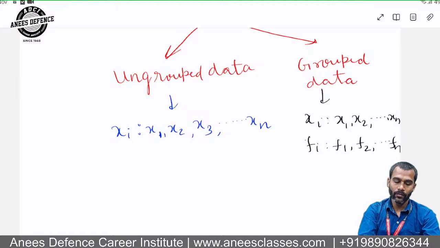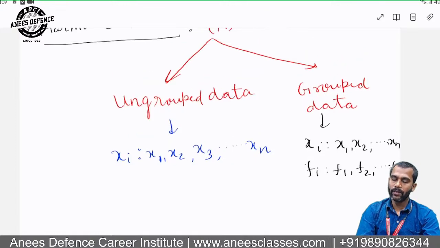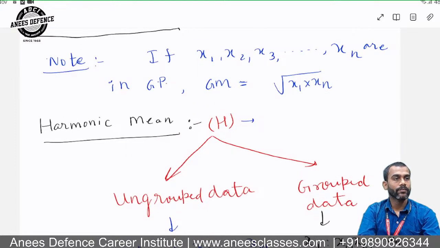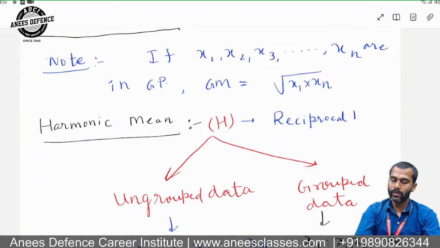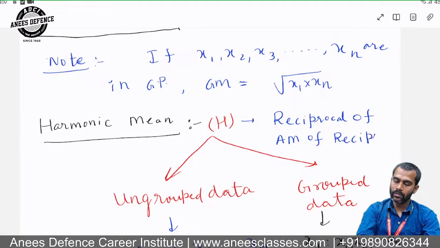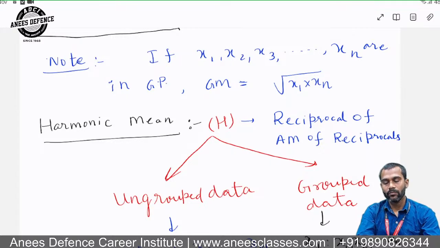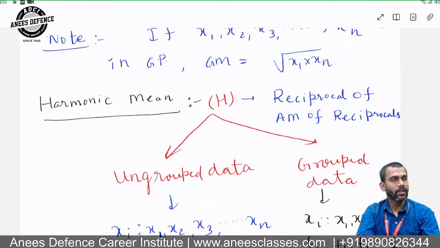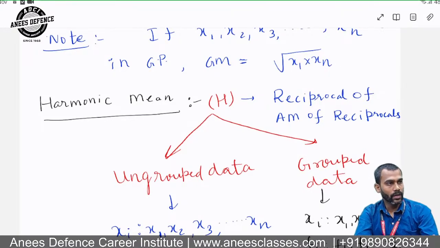Yes or no? Now, what is HM? What is the definition of HM? Reciprocal of the mean of reciprocals. What is the meaning? We have to reciprocate all the observations, then find the mean of those reciprocals, and then at the end reciprocate the result.